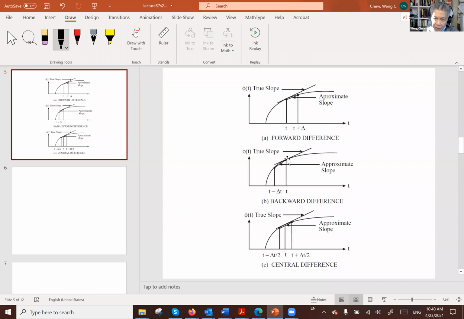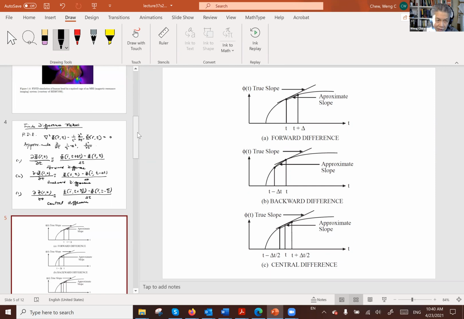And then you can also approximate the slope of the curve using its present value, subtracting that of the value at some time behind. Okay, and this is called a backward difference formula. And the third method is, of course, if you want the value at this point, you take a value that is slightly ahead of its time and the value that's slightly behind its time, and then approximate this slope, and this is called a central difference. Essentially, those formulas are given by such thing.